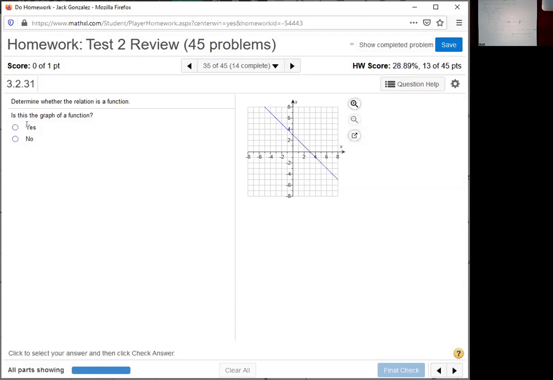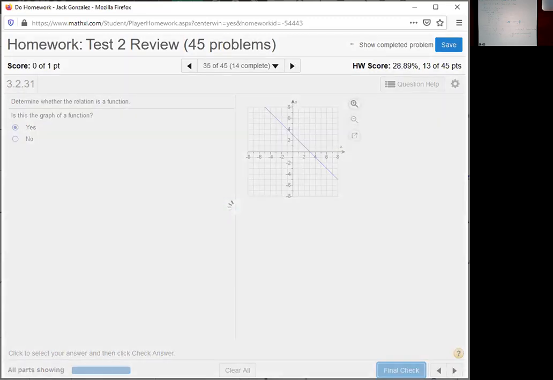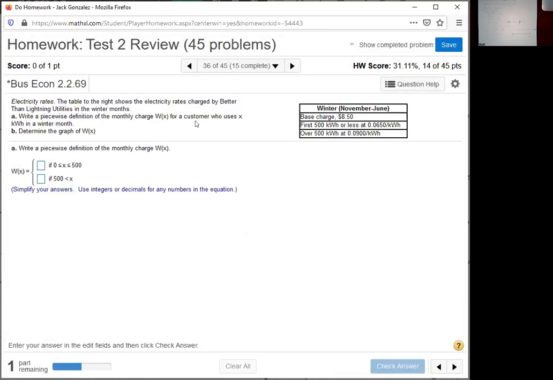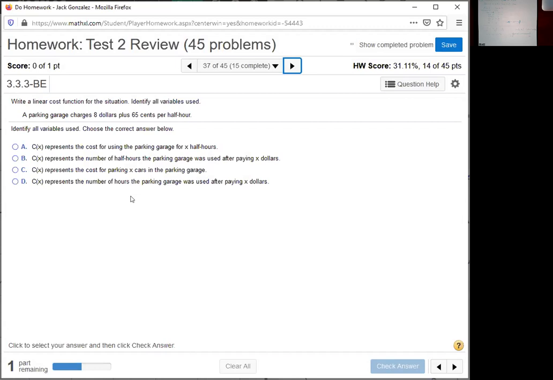We said all lines are functions unless they're vertical. On this one, this won't come up on your exam. So no worries on 36.